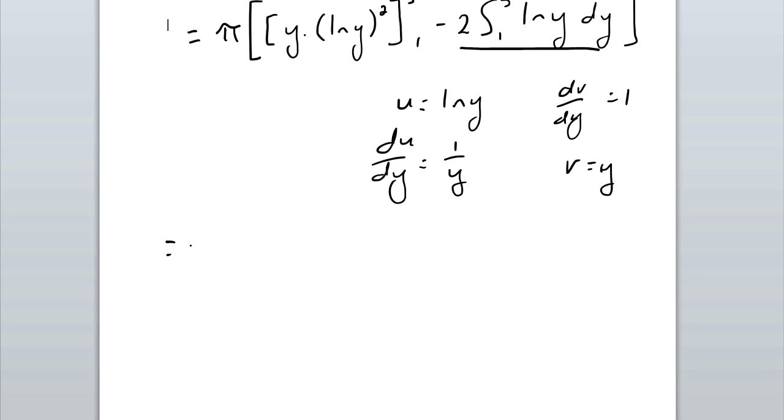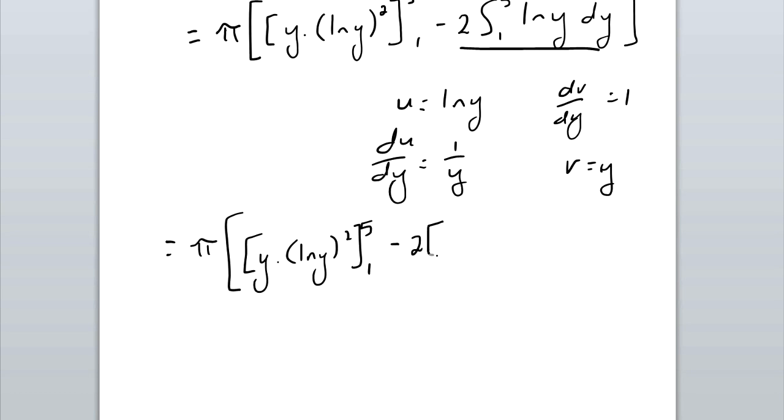So I'm going to say, okay, sure, I still have pi outside my big brackets, and now my inner bracket y multiplied with natural log y squared, and I still have my upper and lower bounds 5 and 1 minus 2. This 2 was outside of the integral, and now u times v.